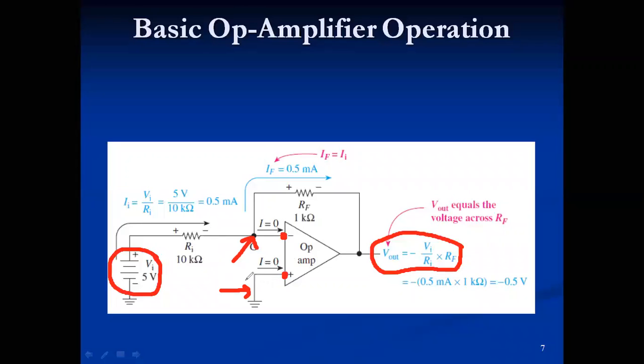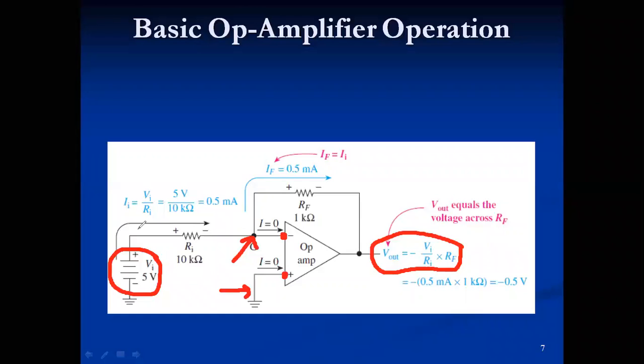So if that voltage is 0 and this is 5, what is the current through the resistor? Is it 0? No, use Ohm's law.